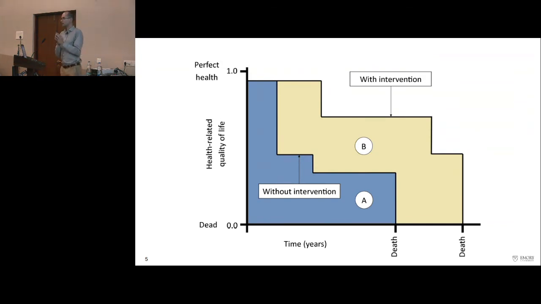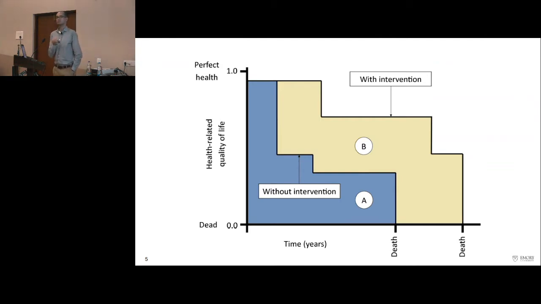Then the QALY, the quality adjusted life year, would be essentially the number of years lived, adjusted for the quality at each particular time. So you can think of it as the area under the curve, essentially the integral of this function.